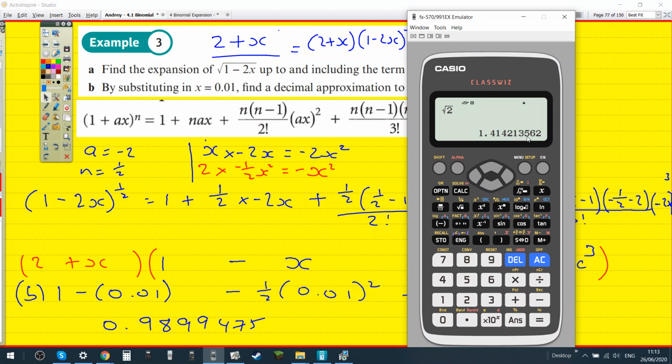How could you get the percentage error? Could you do 0.9899475 divided by root 2 times 100? I think that's either it or very close. I think it is the difference between these two. Okay, so it is root 2 minus our answer, 0.9899475.